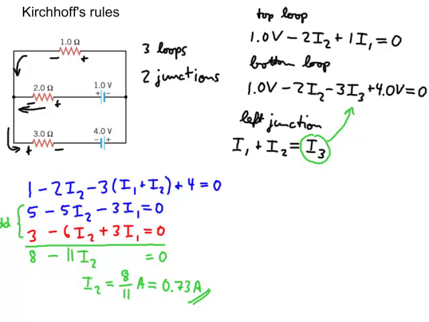Now I can take that number and I can plug it in here. I could plug it in here, I could plug it in there, I can plug it in this one here and get I1. I think I'm just going to plug it into the first one here. So let me see if I can move that down. No, not really. So I'll write it again.